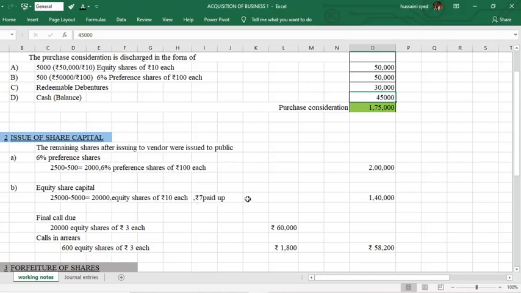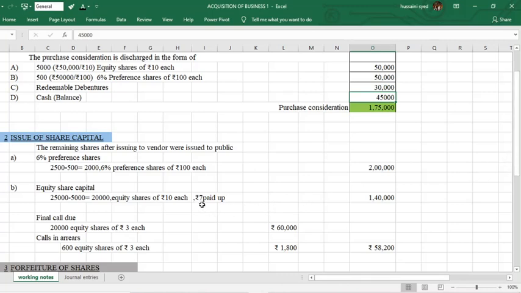As we are having some calls in arrears in the equity shares, there is a choice with you over here. Either you can write 10 at a time, then later on subtract the calls in arrears, or else separately you can write for 7 and after that write for the final call.